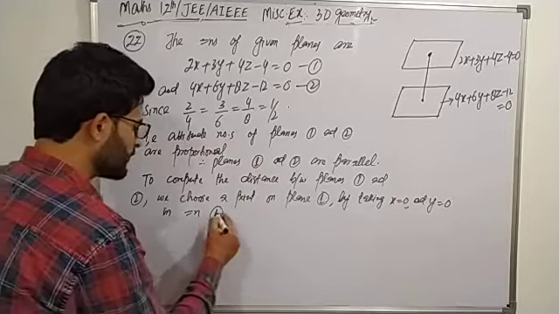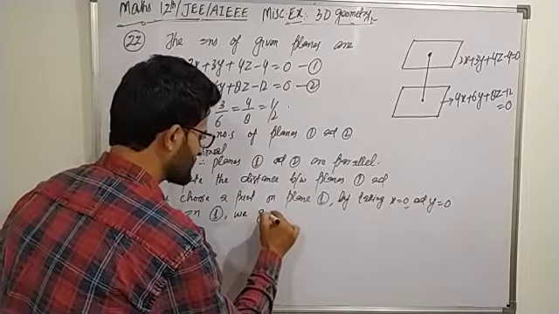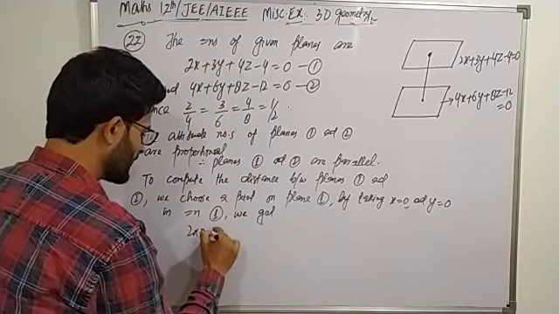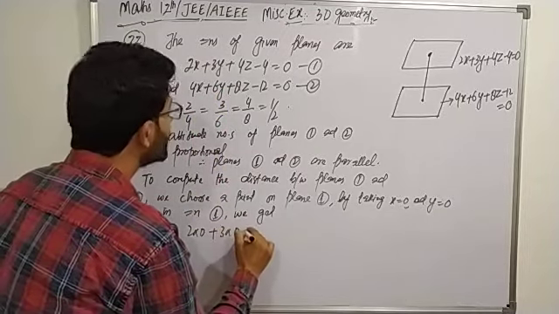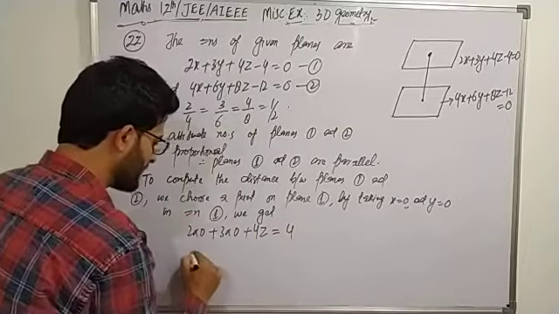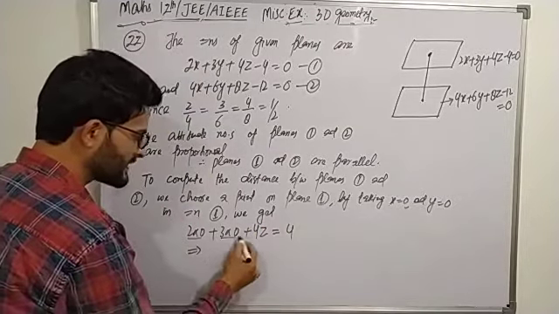So in equation first we get 2 into 0 plus 3 into 0 plus 4z is equal to minus 4. RHS में बनेगा 4. So implies 0 plus 0 plus 4z.